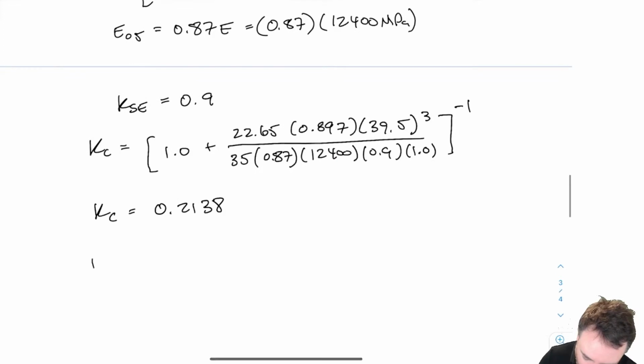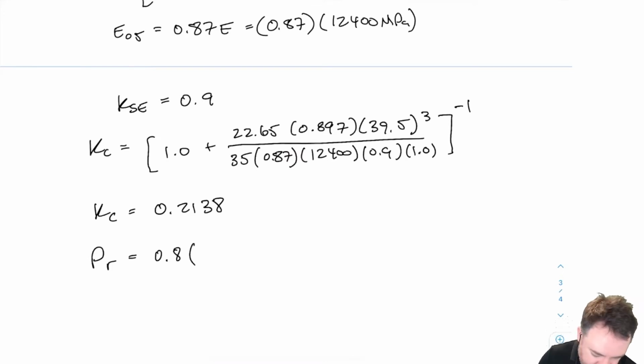Now I can take all of those factors and put them back into my equation for PR. So I have 0.8. Here's my big FC, which is the one with all the resistances. Let me put the units in here. This is MPa. We have 19,760, which was our area, so that's millimeters squared.